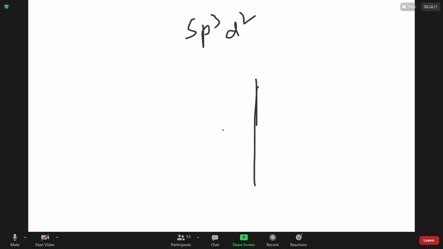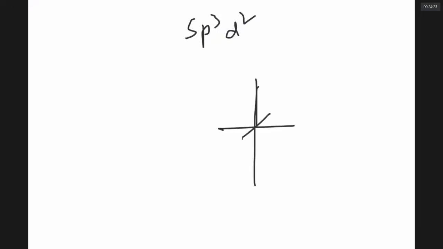What is the shape of sp3d2 hybridization? Can you see it clearly?